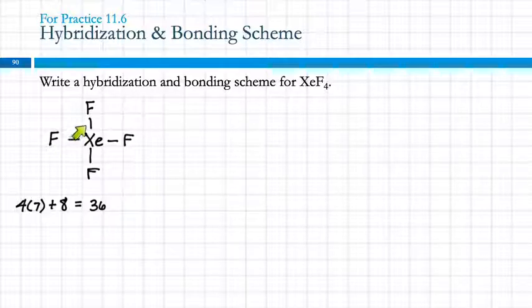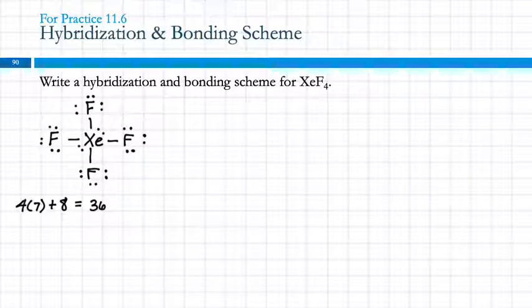So for the bonds, I have 2, 4, 6, 8, 10, 12, 14, 16, 18, 20, 22, 24, 26, 28, 30, 32. I need to put 4 more electrons. Can xenon expand its octet? Yes. So I'm going to put those extra electrons as lone pairs on the xenon.